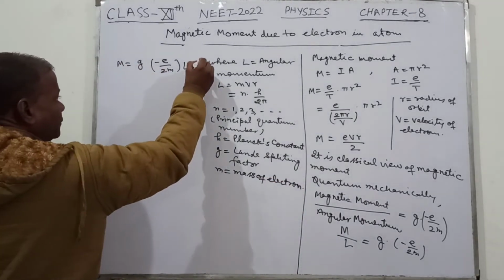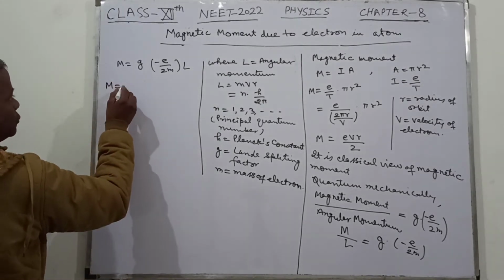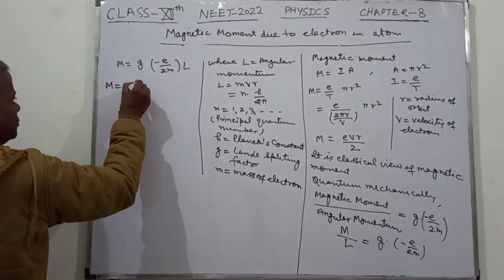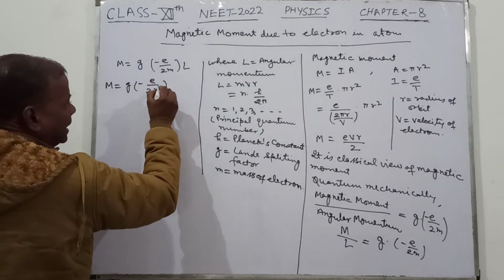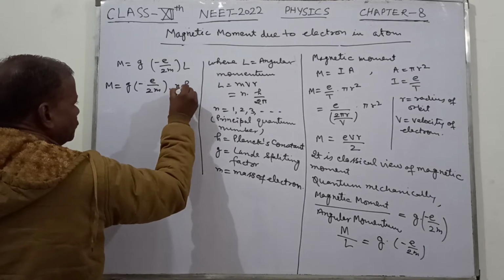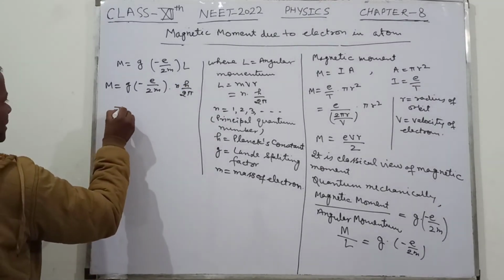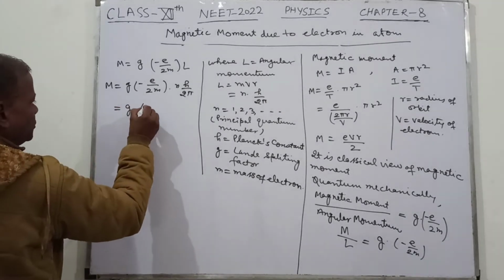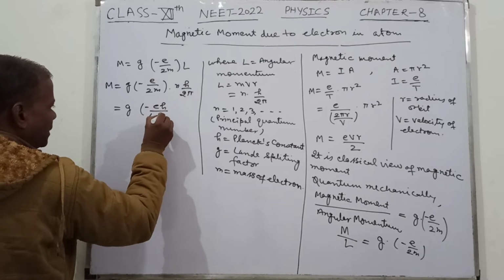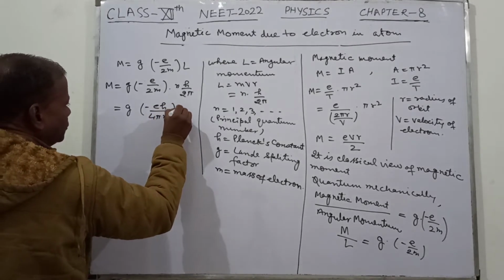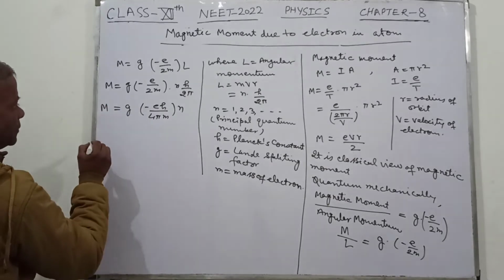So what we write is M equals g into minus e upon 2m into L, which is n into h upon 2 pi. So we will have g into minus e h upon 4 pi m into n.